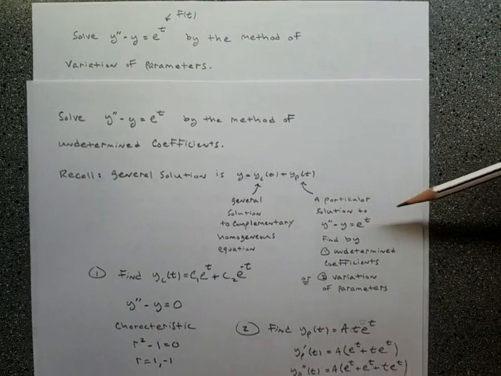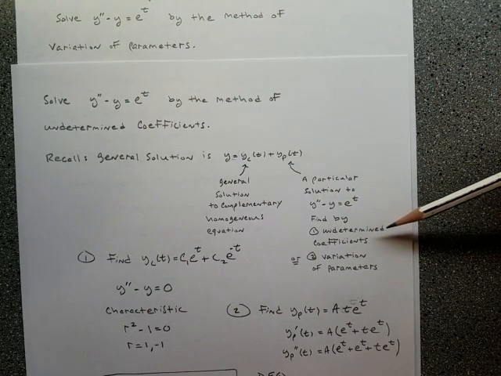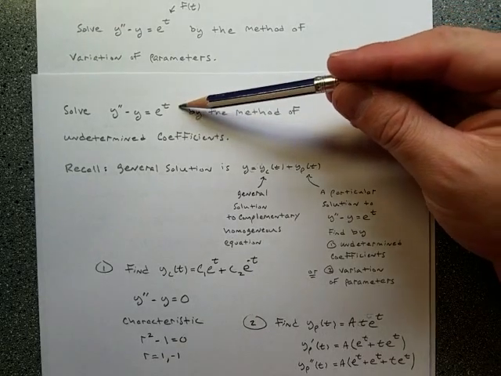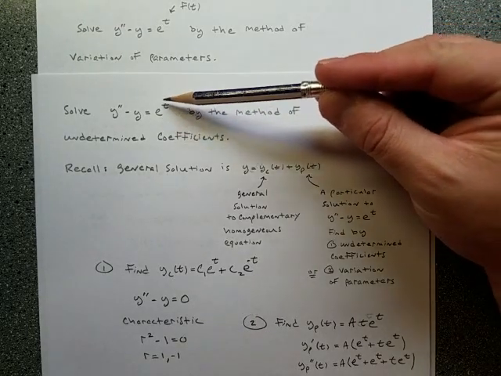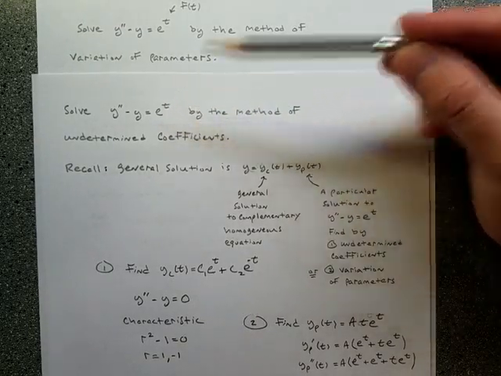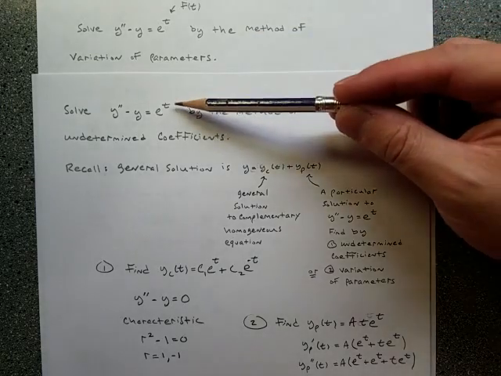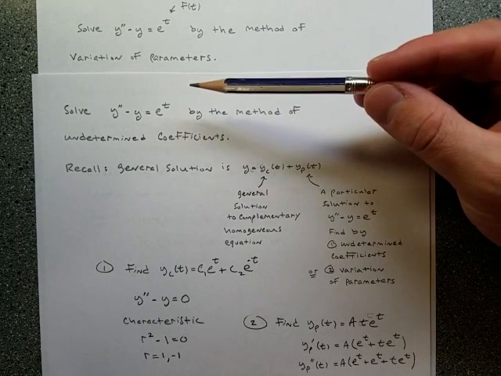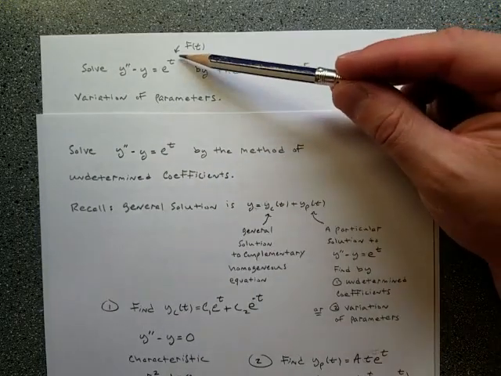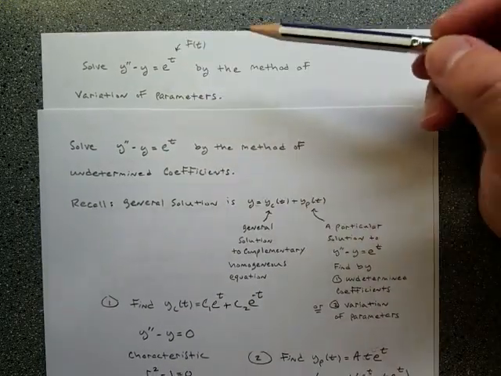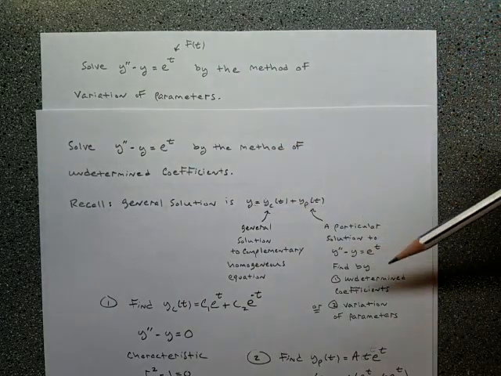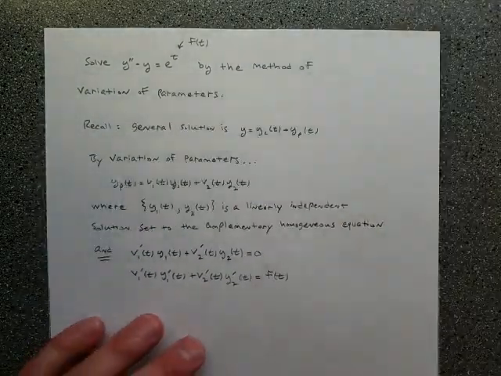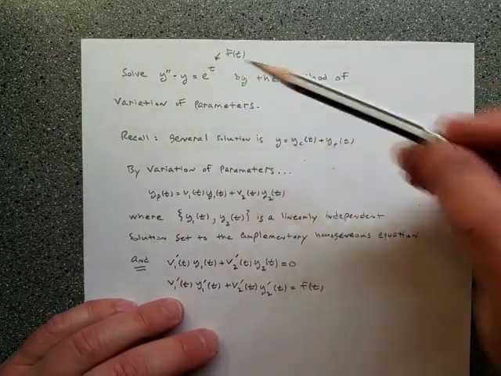Well, if we solve by undetermined coefficients, we have to have this non-homogeneous element take a certain form. It would be linear, quadratic, exponential, sine, or cosine. If it's not, then it's hard to solve by undetermined coefficients. Variation of parameters, it doesn't really matter what that thing is right there.